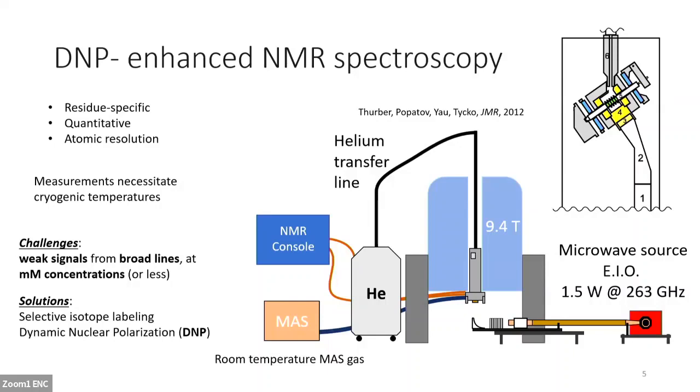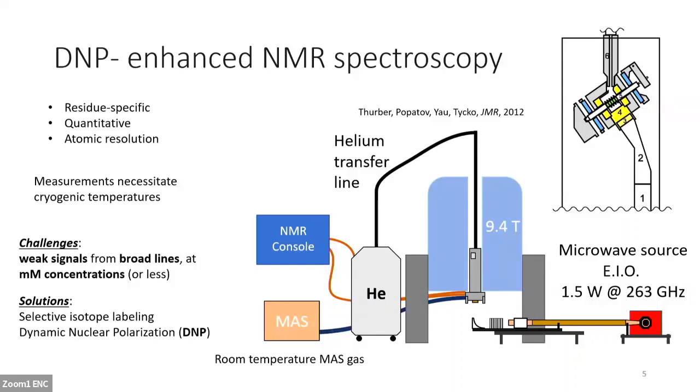We operate at 25 Kelvin, so we operate at very low temperatures using helium cooling, which cools only the central portion of the rotor, while we use room temperature nitrogen gas to spin the rotor with the drive and bearing gas. And in this way, we can maintain low sample temperatures while using relatively little helium. Our helium consumption rate is around 1.5 liters per hour at 25 Kelvin, which would be much higher if we were also spinning with helium.